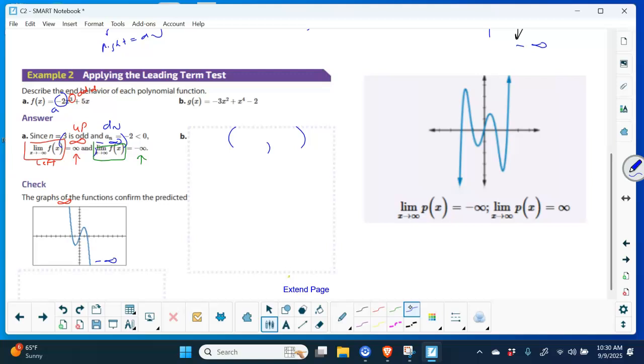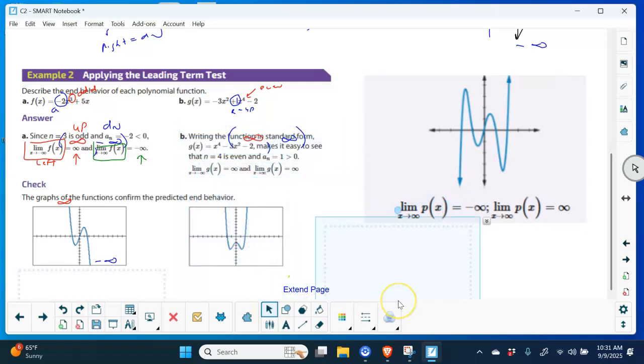Okay, I hope you determined that the a is a positive 1, and therefore the right side is going to be up, or infinity. Remember, you've got to look at the highest power term. It may not be in the proper order, and this one wasn't. And even means they're the same, so infinity, infinity.